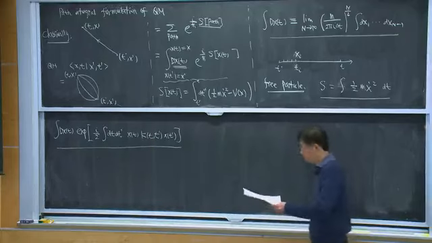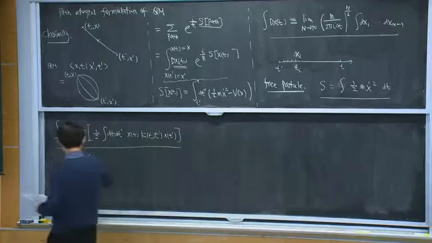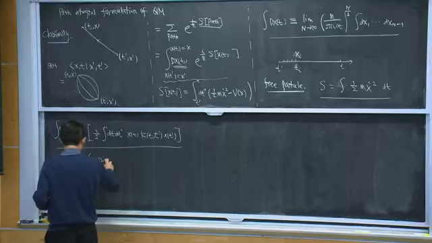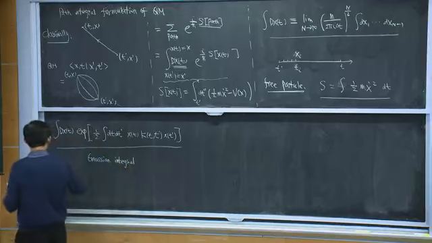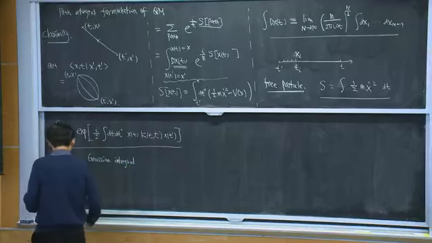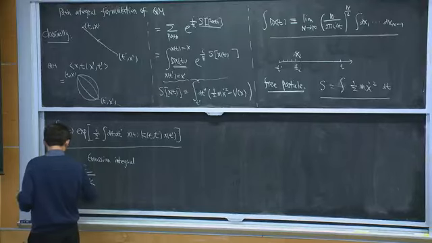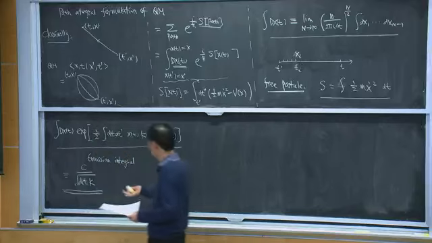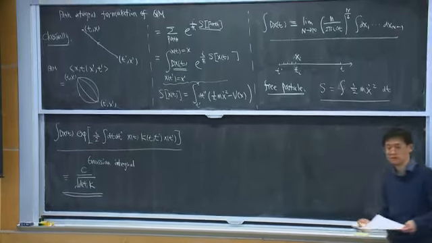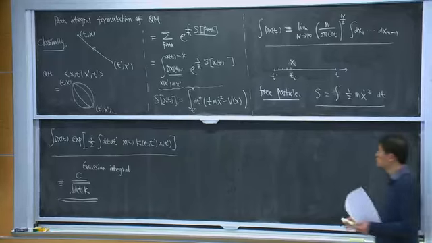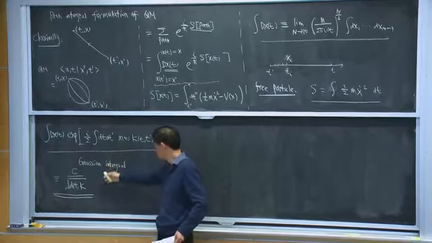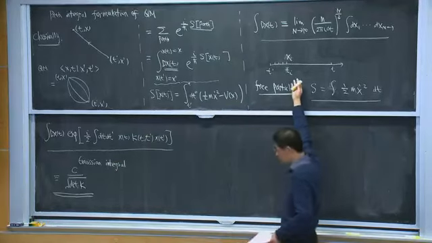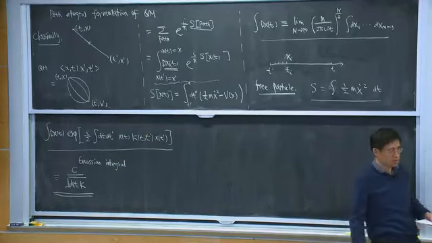For the Gaussian integral, we can directly write down its answer: it's some constant C divided by the square root of the determinant of K. This determinant is defined in the space of functions, and C is some constant. You may also view this as following from the discrete case, where you take a continuum limit.